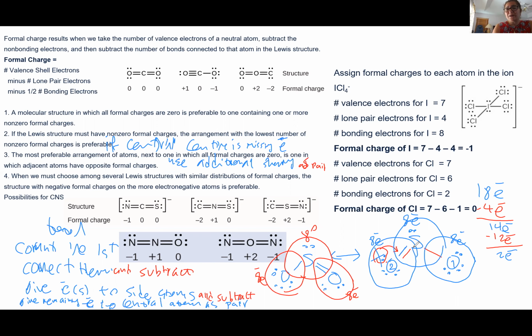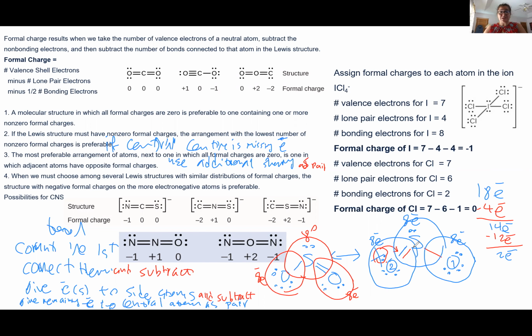You can find the formal charges. When you are determining the formal charges, if you have more than one structure, that means you have 2 or 3 resonances, the resonance with the lowest formal charge overall is preferred, is more stable, because we don't want like charge distribution or too much charge.